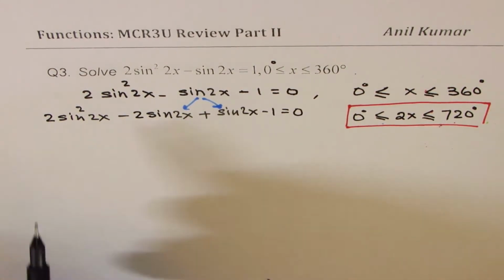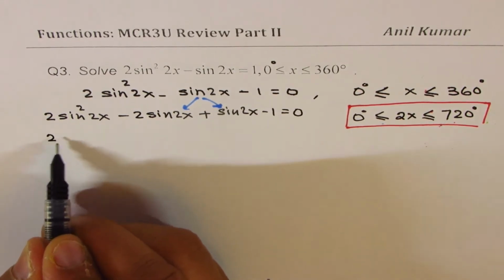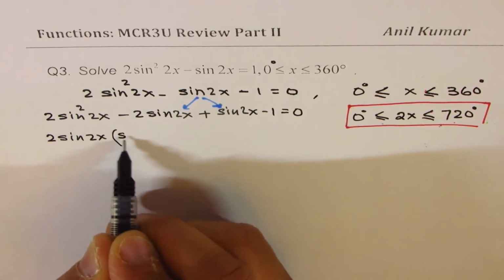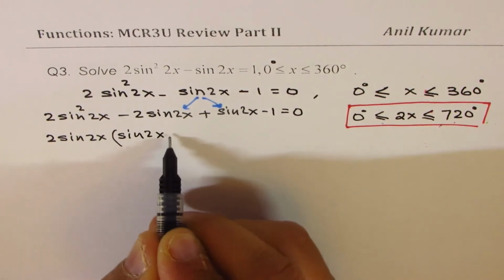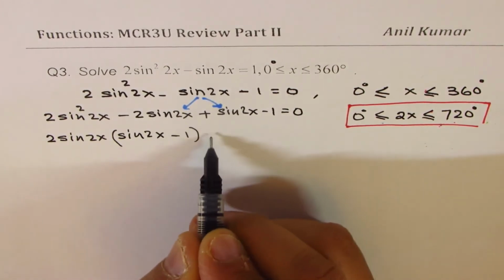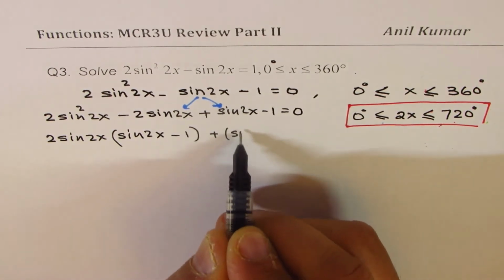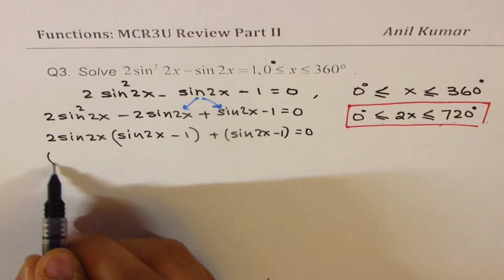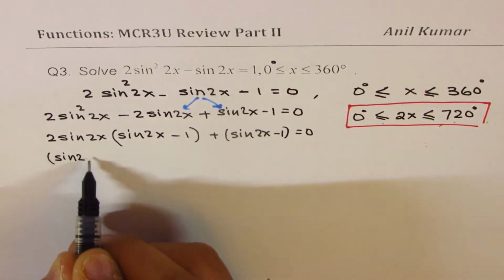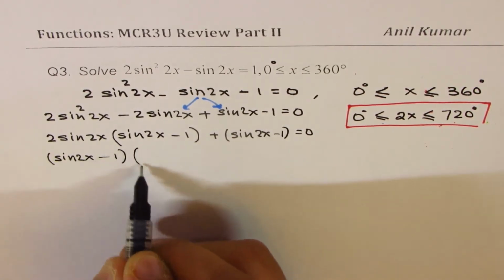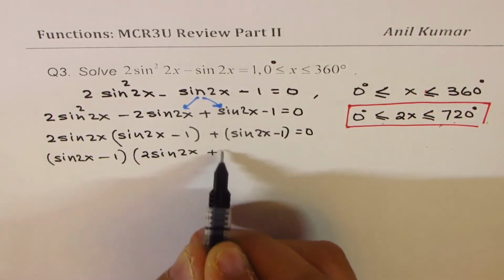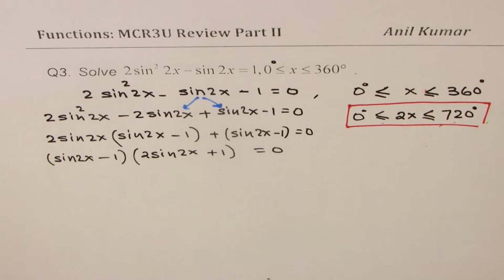In the first two terms, we can factor 2 sine 2x. What we get here is sine 2x minus 1, and here we already have sine 2x minus 1. Now sine 2x minus 1 can be taken as a common factor. We get 2 sine 2x plus 1 as the other factor, equals 0.